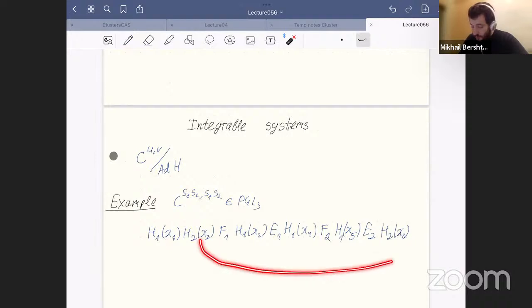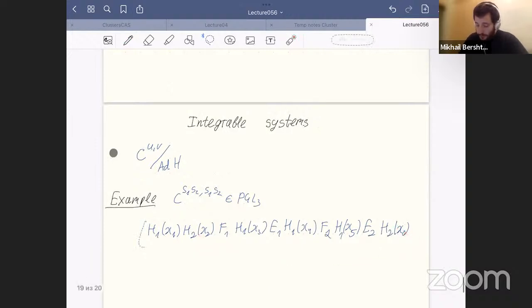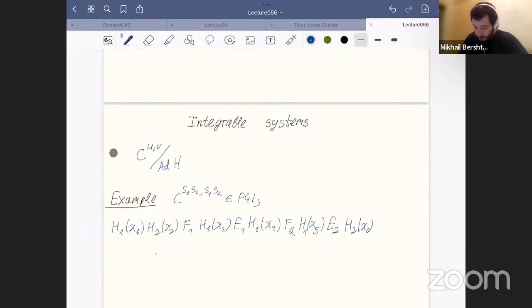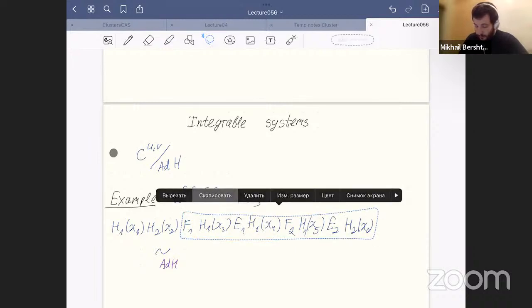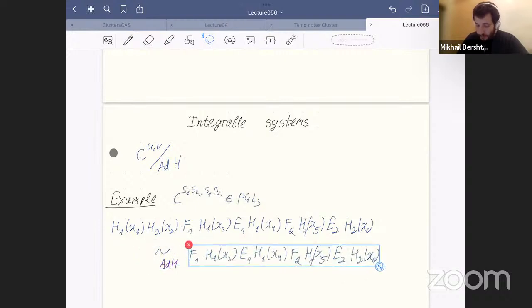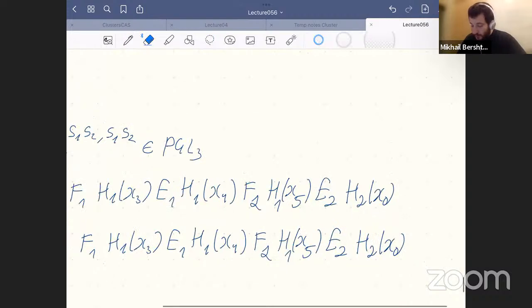And you see this H2 can go and hit this X. So under the adjoint action, it is equivalent to the following product. We can remove these Cartan generators which we had at the beginning and put them here.